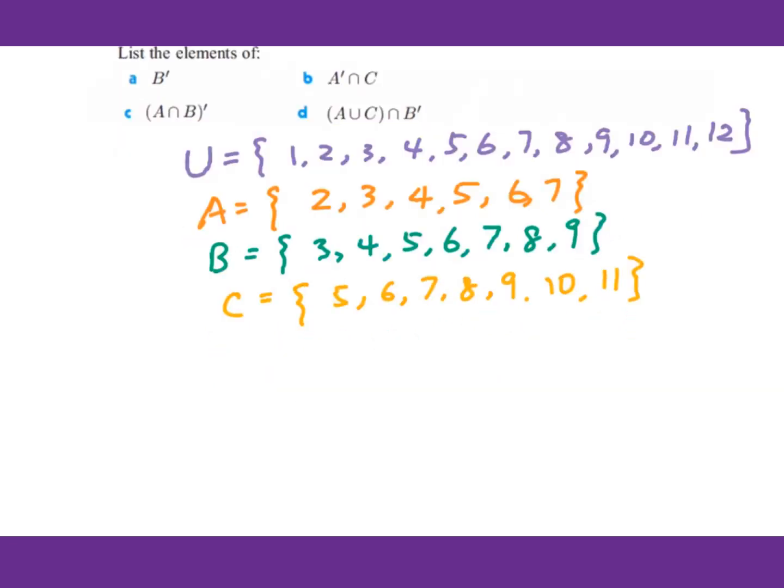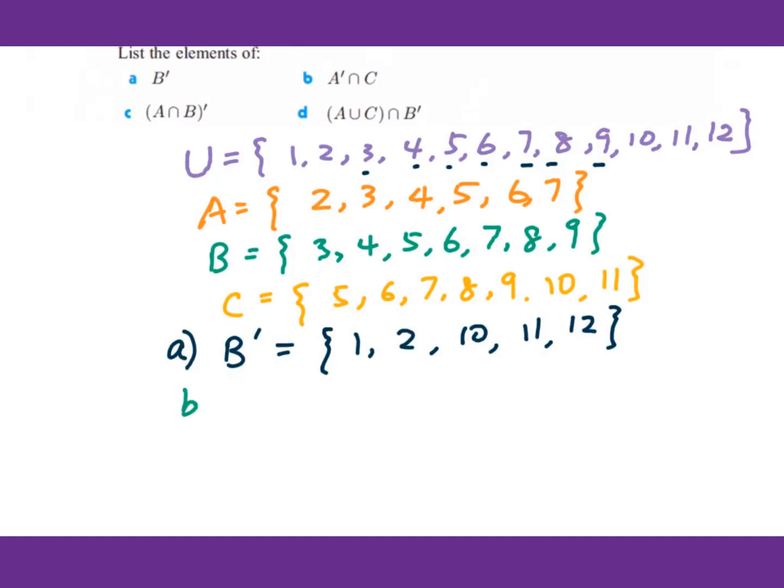Therefore, for A, this B prime means the complement of set B. I cross out this 3, 4, 5, 6, 7, 8, 9. 1, 2, 10, 11, 12 left.